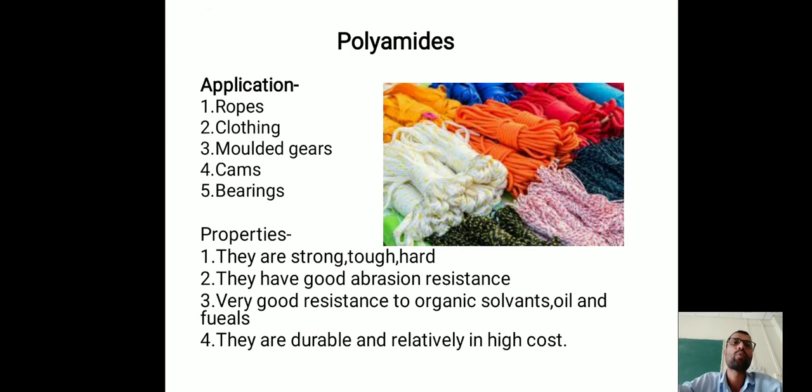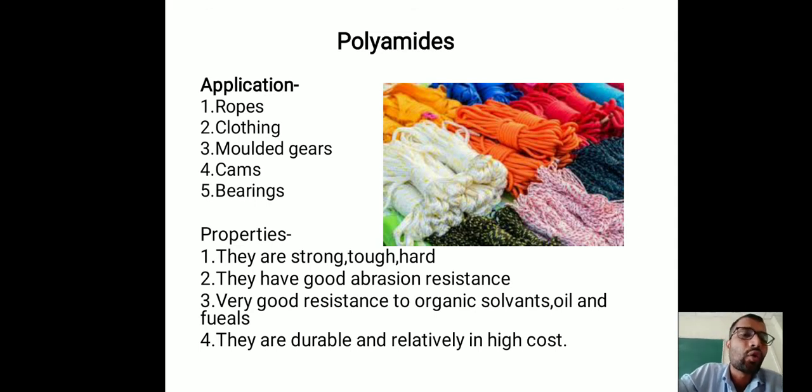Friends, after that, polyamides. This is another thermoplastic material. In front of us again there is one picture, and that picture indicates the applications of polyamide material. So friends, tell me, what is inside the picture?